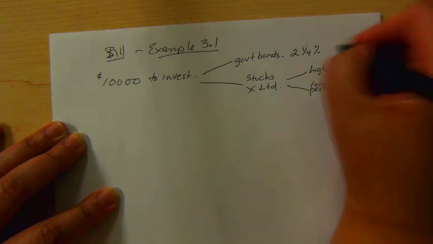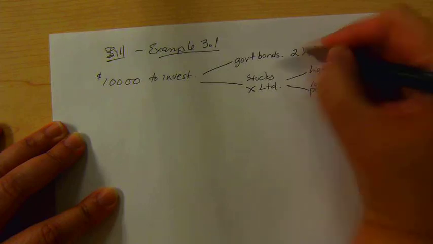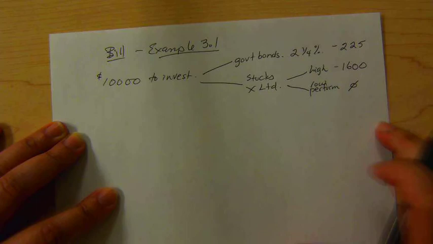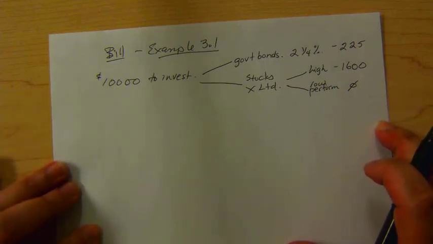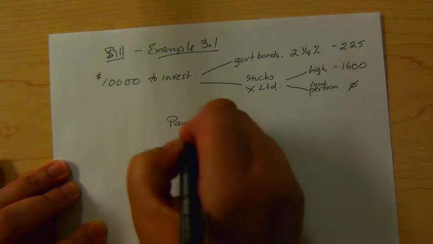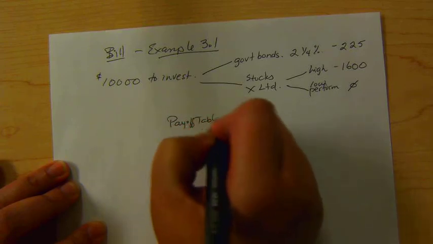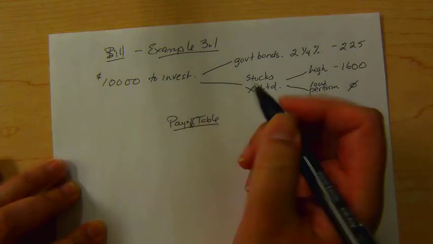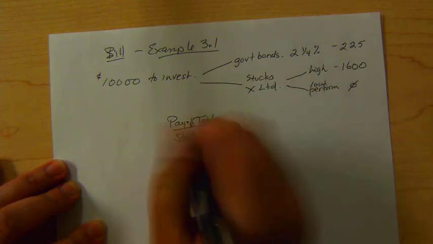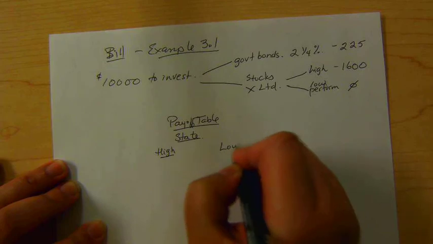And with the government bonds, 2.25 times 10,000, he's going to get 225. So a lot of times with decisions, they make a payoff table. So we've got a state, high or low.